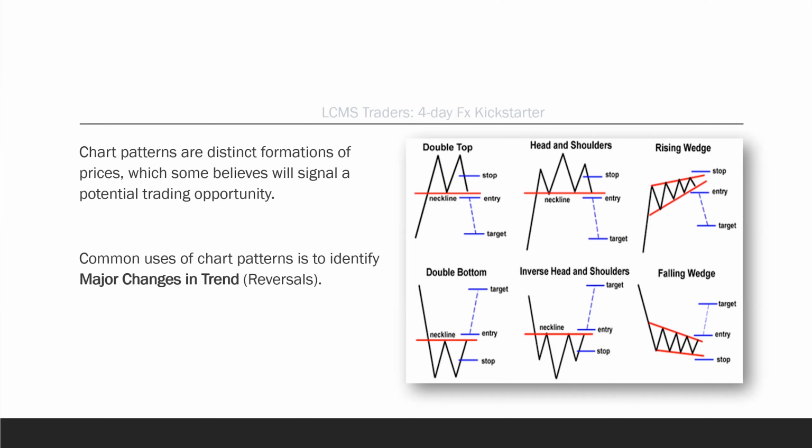There are several chart patterns that we can take note of, such as the double top, the head and shoulders, the rising wedge, the double bottom, inverse head and shoulders, and the falling wedge. Some of these chart patterns we go into a lot more detail in the Traders Club with those mini courses. Please make sure you refer back to those chart pattern mini courses if you want to find out more about chart patterns.